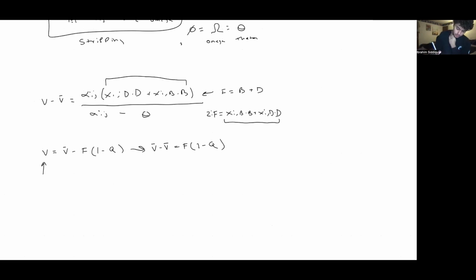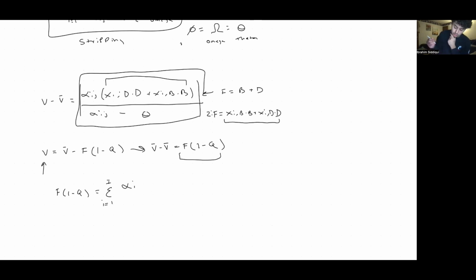Okay, so now we can rewrite this expression using this. The feed times one minus quality is going to be equal to the summation of i at i equals 1 of our relative volatility multiplied by the composition of our feed, divided by the relative volatility subtracted by what we have here, which is just theta.